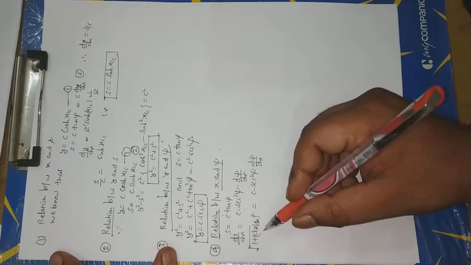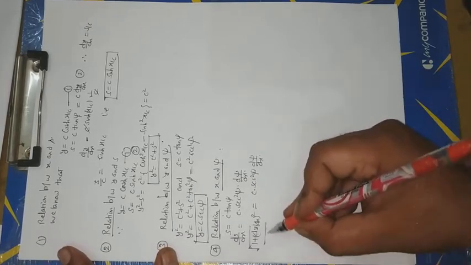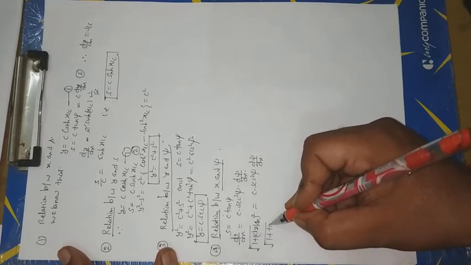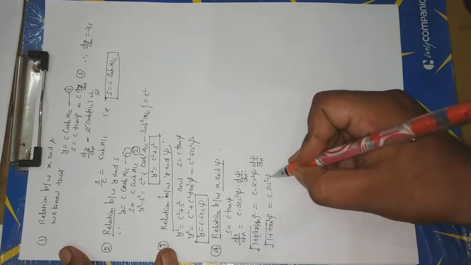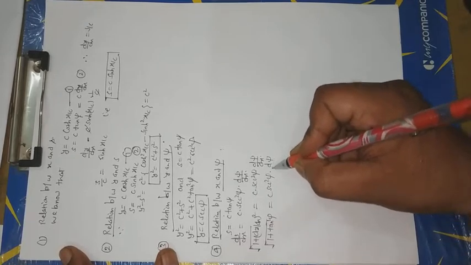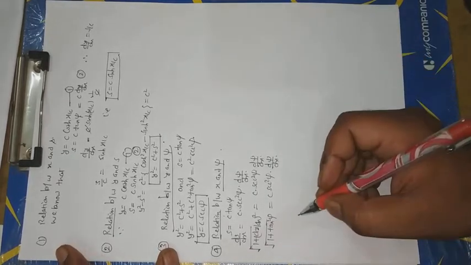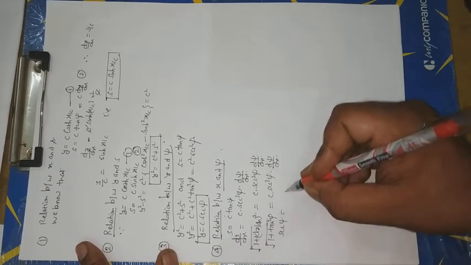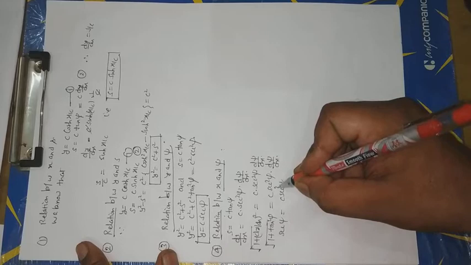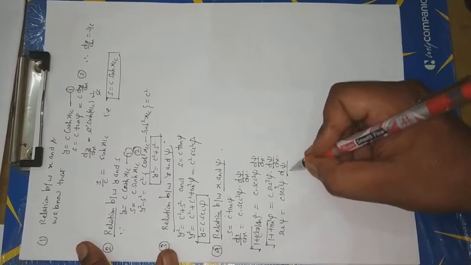Now dy upon dx is equal to tan psi. Now put here 1 plus tan square psi is equal to c sec square psi d psi upon dx. Now this is equal to sec psi is equal to c sec square psi d psi upon dx.